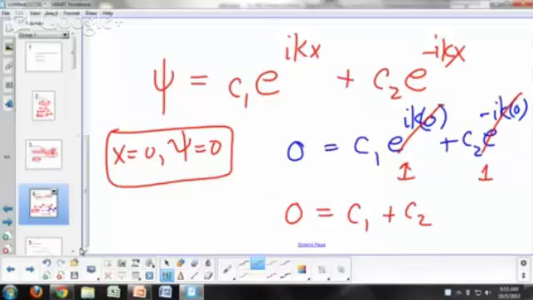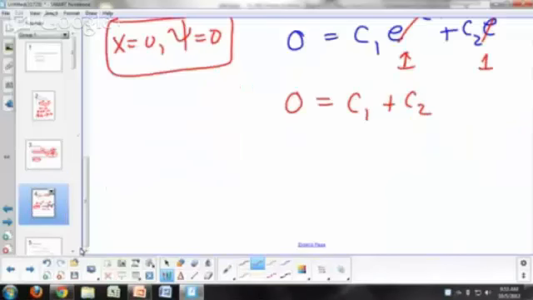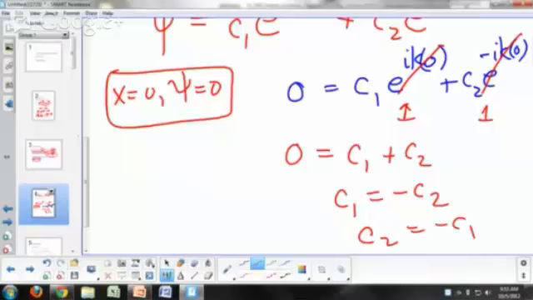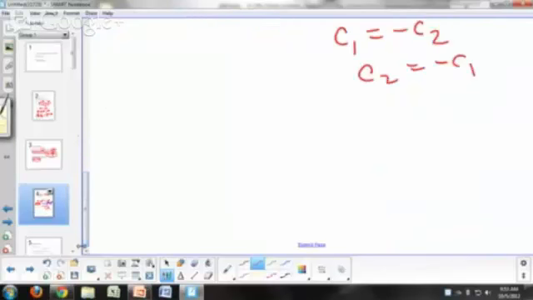So we can simplify our psi now. We can say that C1 must be equal to negative C2, or C2 equals negative C1, either way. So let's simplify our psi. What do we have now?